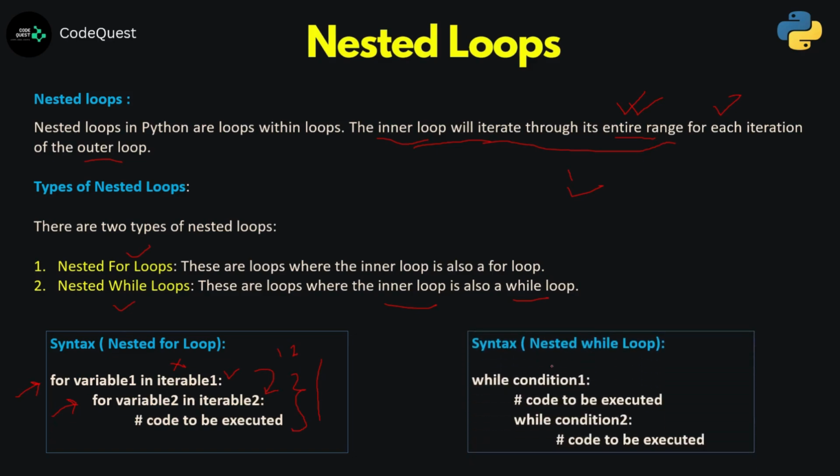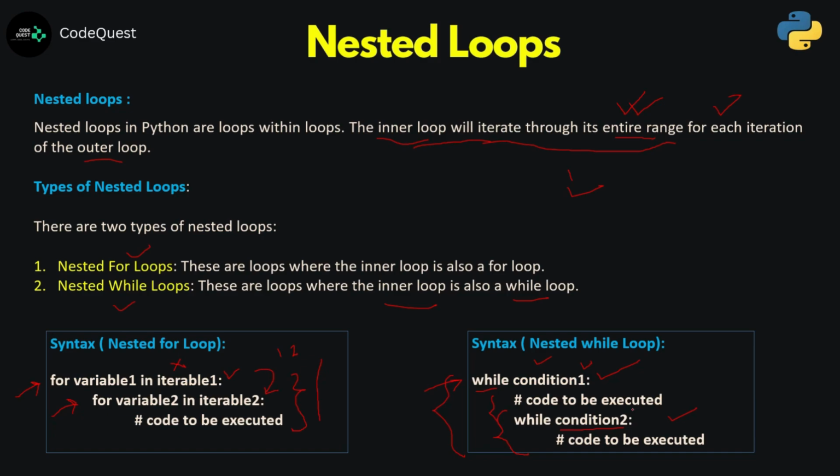Now coming to the nested while loop, where we have kept one while loop inside another while loop. Here this is the outer while and this is the inner while. As we know, every while is attached to a condition. The outer while is attached to condition 1. If condition 1 is true, then we get inside and test condition 2, which is associated with the inner loop.